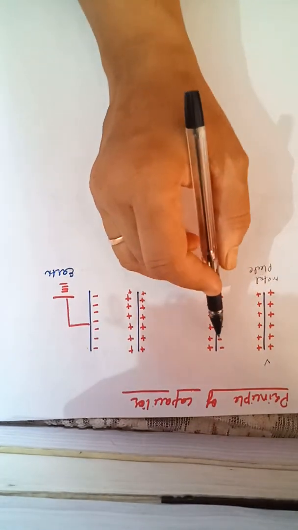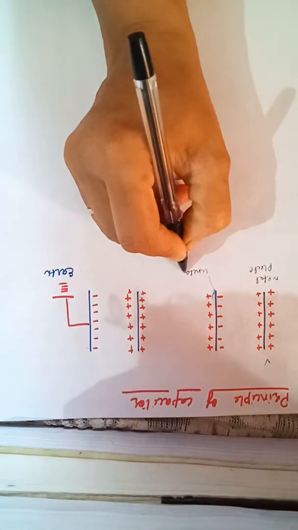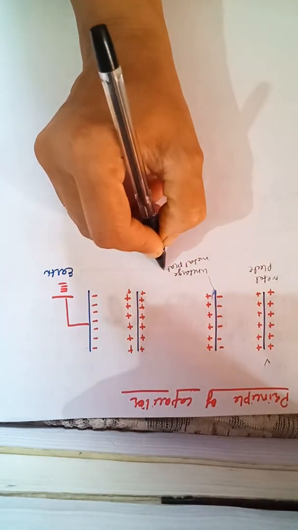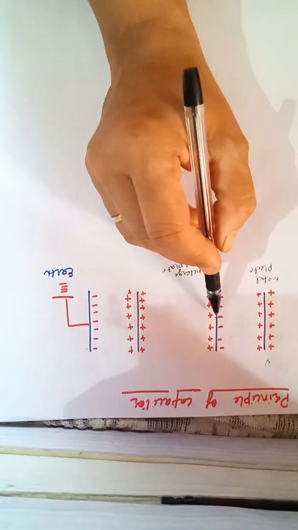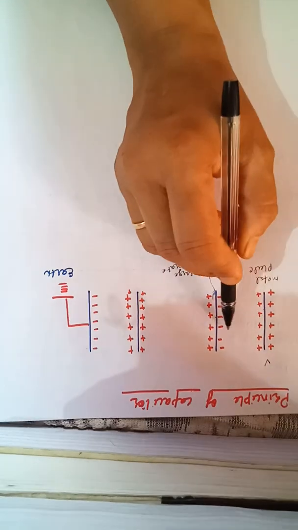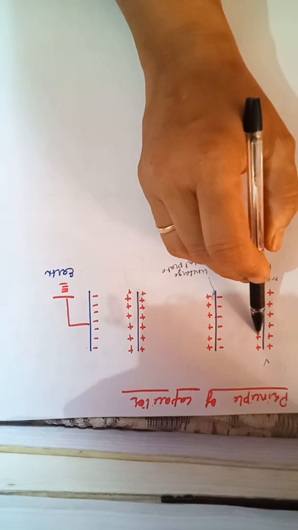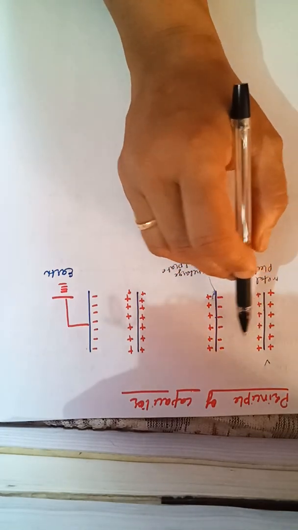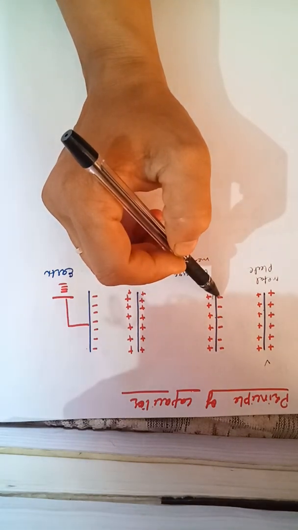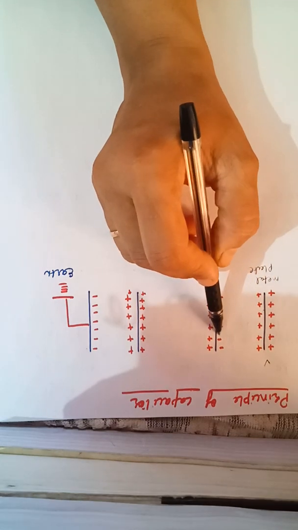What will happen? Now you have taken an uncharged metal plate. But when you place it near this charged metal plate, the phenomenon of electrostatic induction takes place, in such a manner that, as you all know, one face of this metal acquires just the opposite charge.